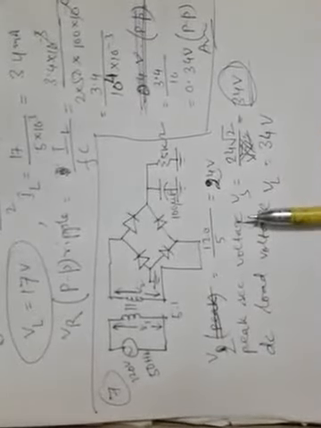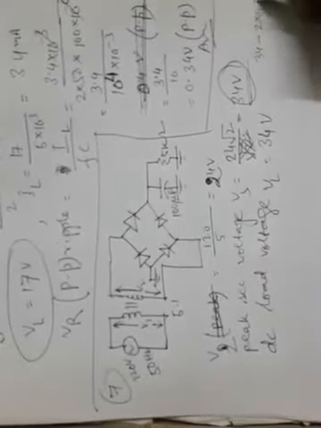But had it been considered as non-ideal diodes, then we need to subtract from this 34 volt how much? At a time 2 diodes will be conducting, so 2 into 0.7. So this calculation will have to be made to get the VL, that is 34 minus 1.4.